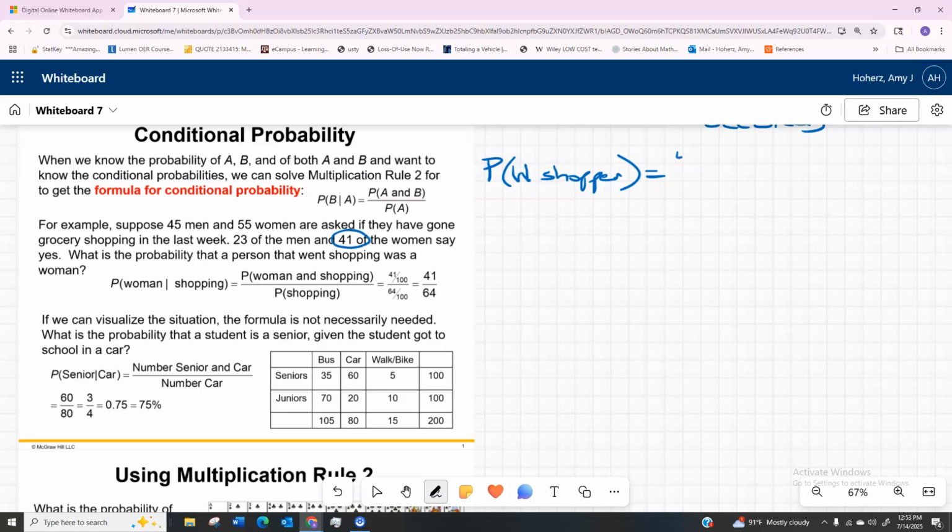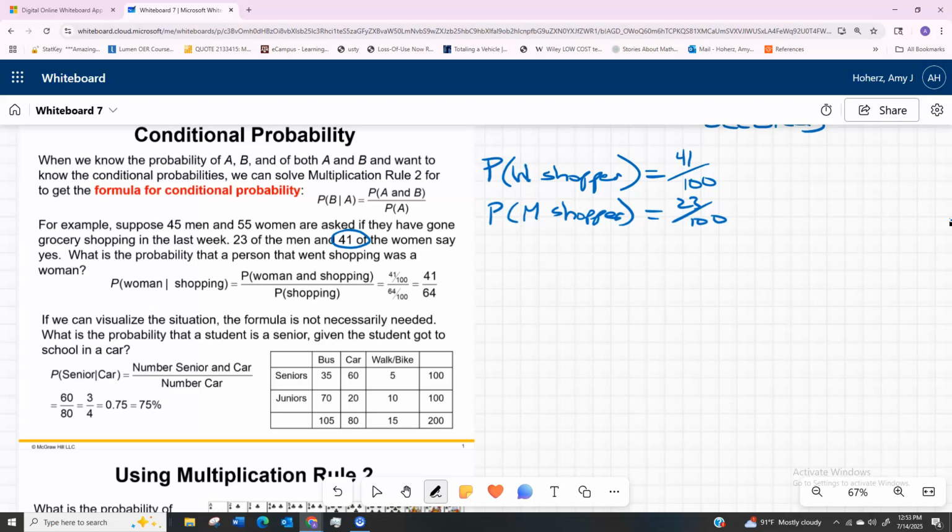So 41 of all the shoppers were women shoppers. So 41 out of 100. And then if we wanted to, men shoppers would be 23 out of the 100. We end up not needing that, but we'll write it down.